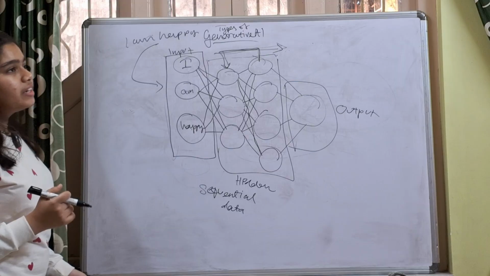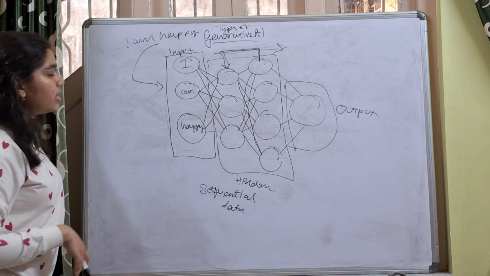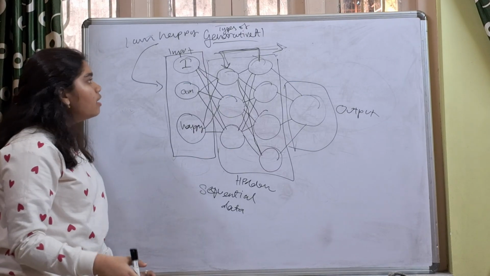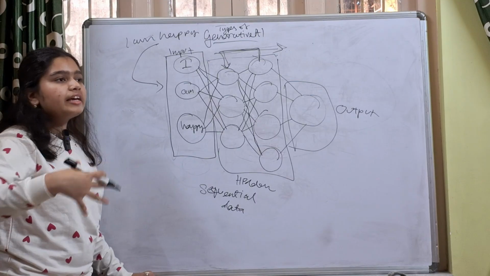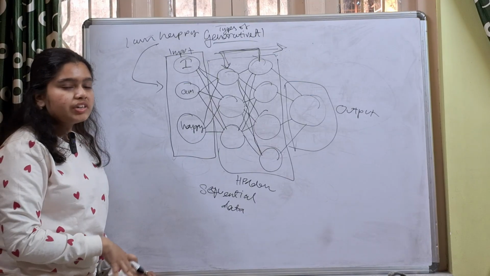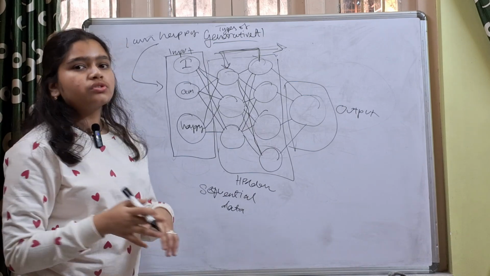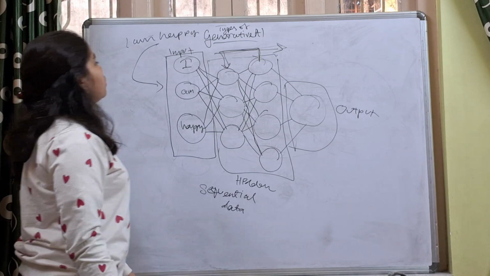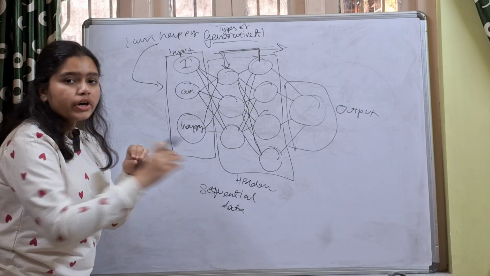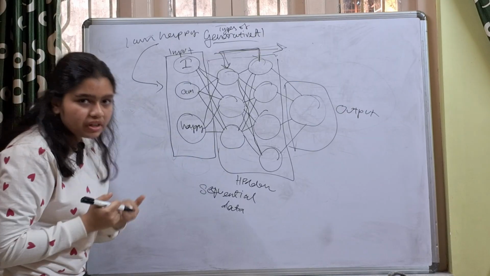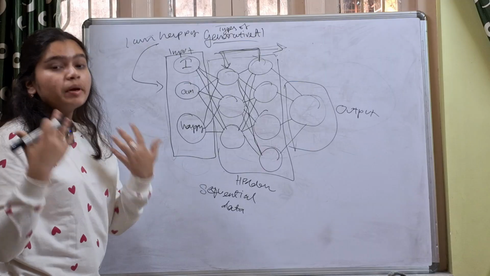RNN is used in language translation as well. Suppose I am learning AI, or I'm learning French, and this needs to be translated to some other language, say Bengali. It needs to preserve the word order, right? So it needs to visit the previous word and check its memory.